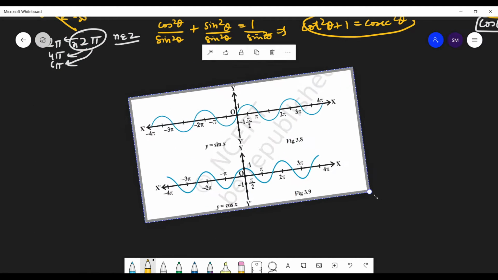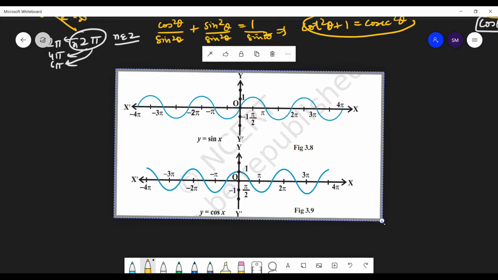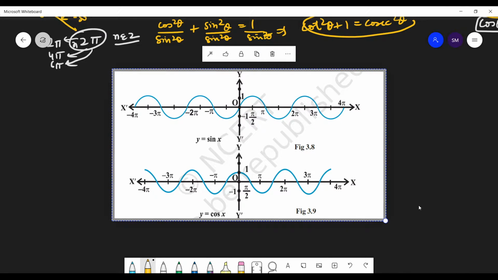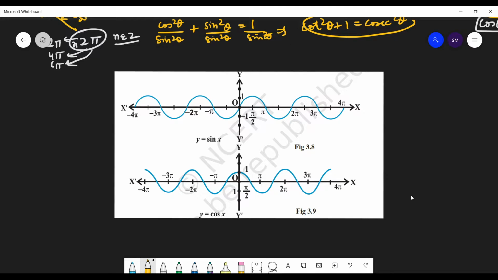So these are the graphs of sine function and cos function. You can see here that the value of sine x and cos x repeats after 2 pi.